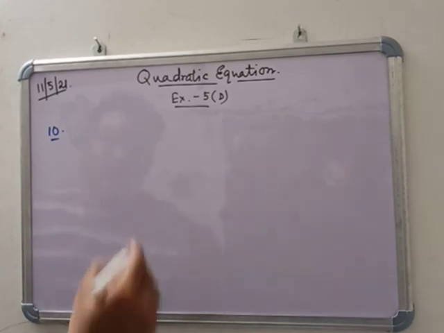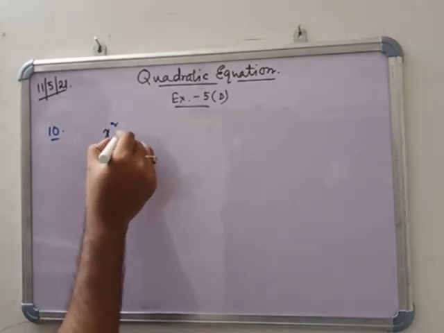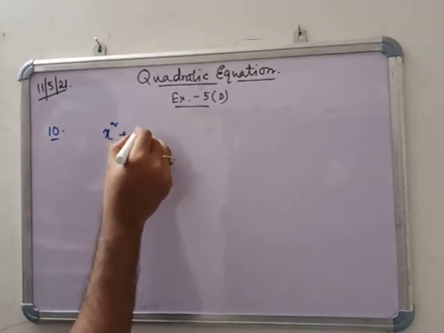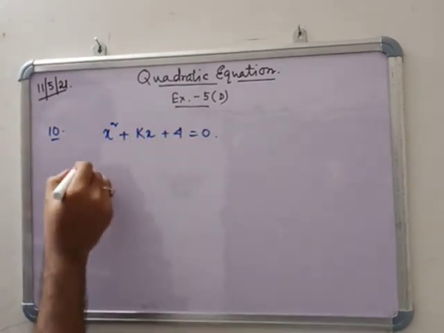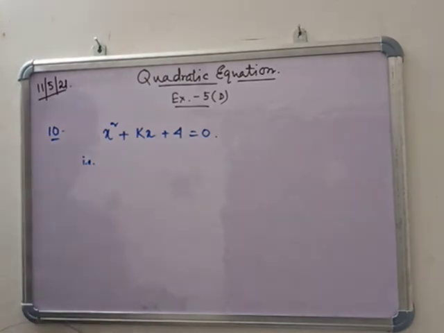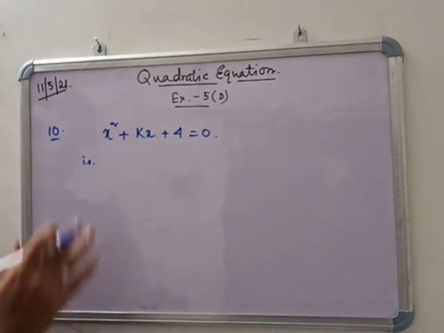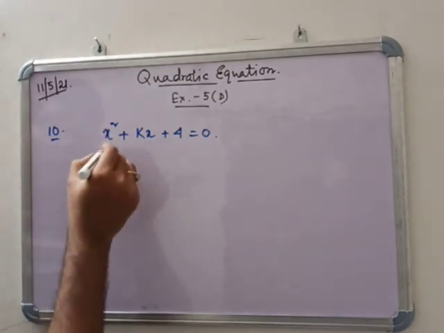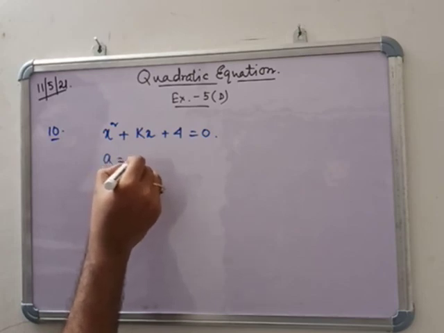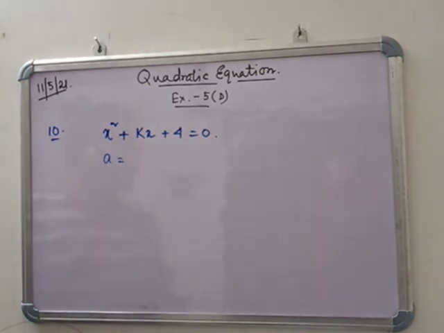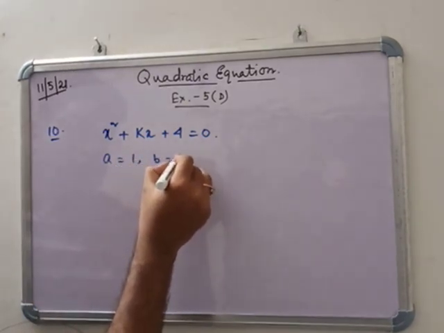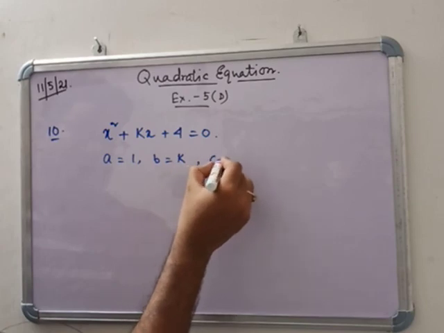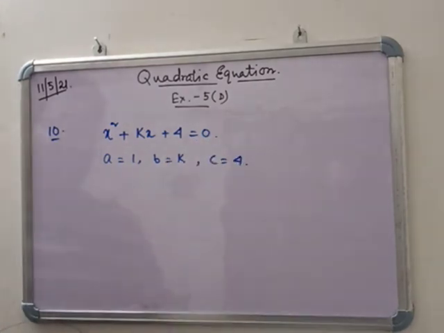In number 10, see that x square plus kx plus 4 equals to 0. Now, comparing with ax square plus bx plus c, we get a equals to 1, b equals to k and c equals to 4. Okay.